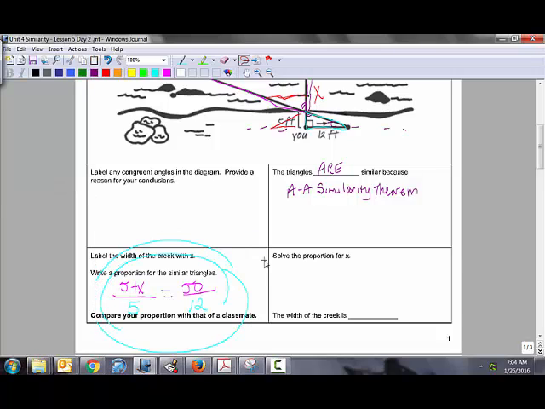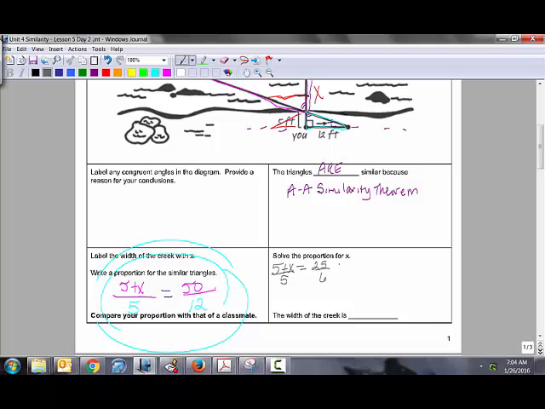Okay. And now we need to solve this proportion for x. I think I might do a little bit of simplifying here before I solve for x. Can't do anything with the 5 plus x over 5. I do think I can reduce this a little bit, though, and write that as 25 over 6.